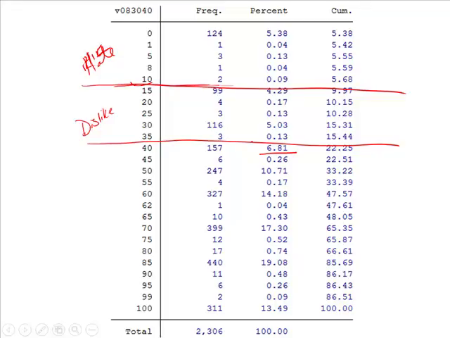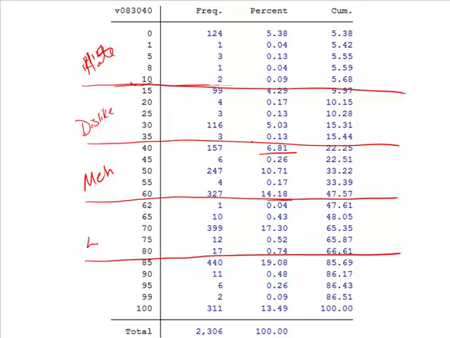Then 40 to 60 is neutral. Meh. And then 62 to 80 will be like, and the rest is okay. Not bad. What did Danny, how did you make those cut points? I just kind of like broke it up.